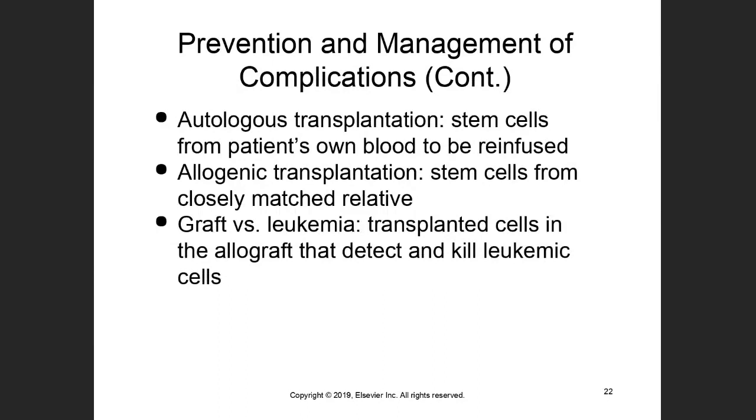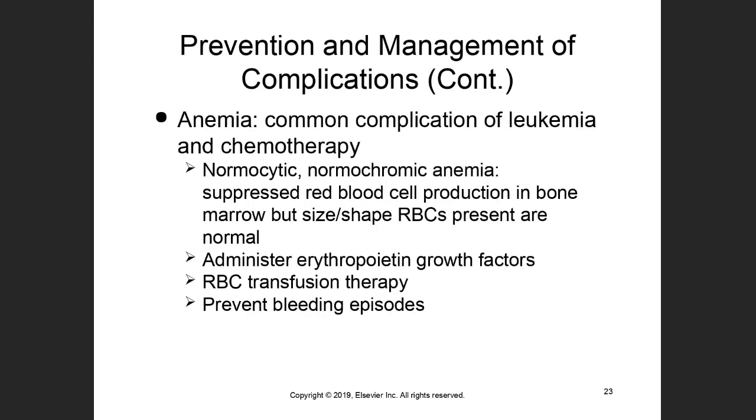We have autologous transplantation. Those are the types of transplantation. It is a stem cell from the patient's own cells. Allogeneic transplantation is a stem cell from a closely matched relative, and graft versus leukemia. That's another type of transplant.